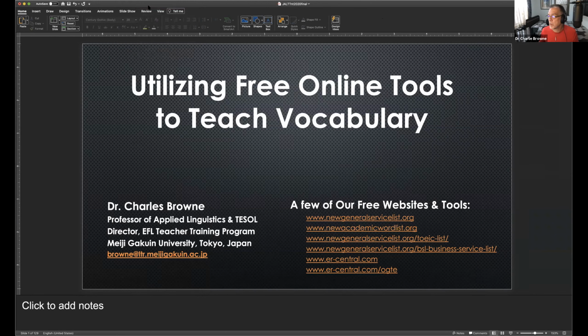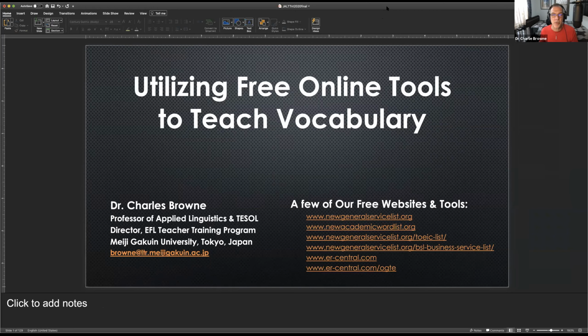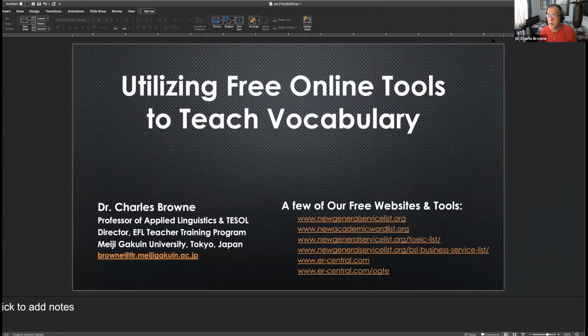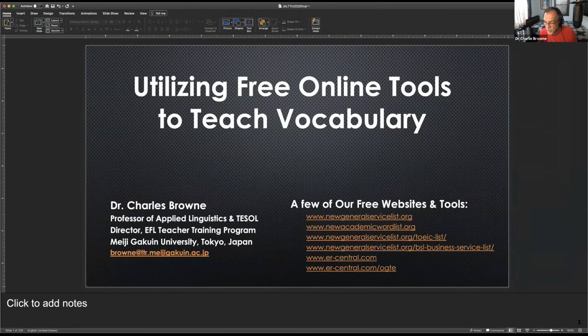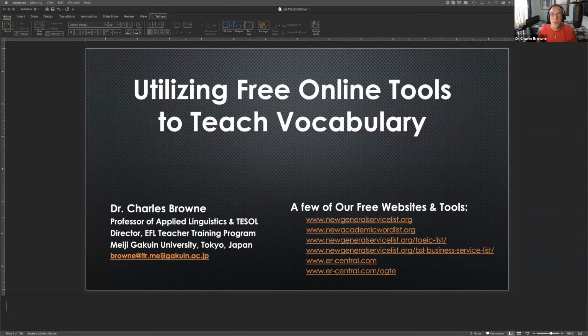Zoom. Oh, this is weird. For some reason I have two screens, and I'm usually getting, hold on a second. This is just one of those weird little hiccups. I just need to find my other Zoom screen. I'm going to stop the screen share for a moment. That might be it. Okay. This is not going to do it either. For some reason, I've lost you guys. I'm going to have to just pretend I can see your faces. Let me share screen, and I'll just look at my PowerPoint and go that way. All right.